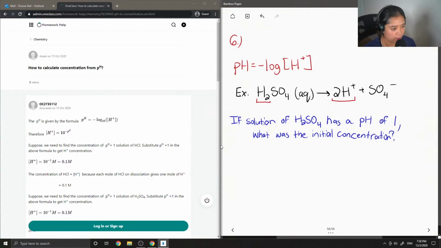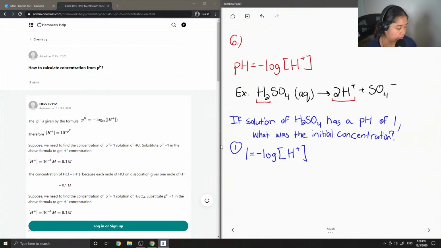So the first thing we have to do is plug in the value of 1 as our pH, and this is equal to negative log of the concentration of the protons in the solution. And now we just have to solve for H plus.